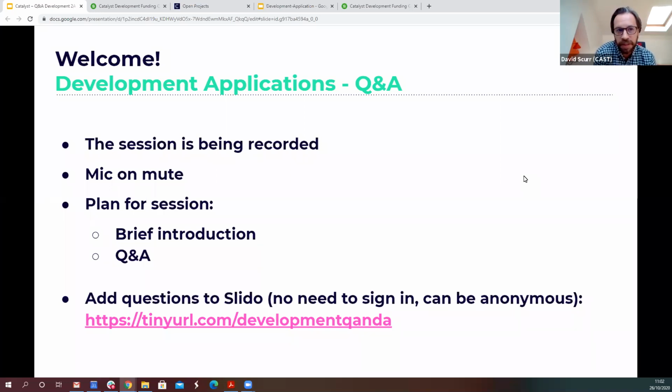The plan for the session is we'll do a quick introduction about the development funding round and what it entails. You've also got some information on the webpage and a really useful slide deck, which hopefully you've all had the chance to read before this session. And then we'll jump into a Q&A session.